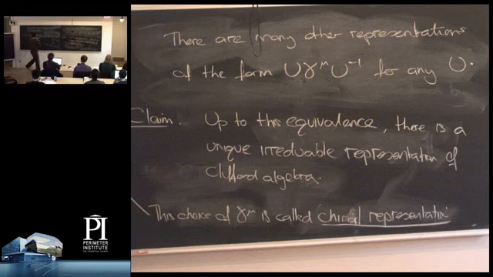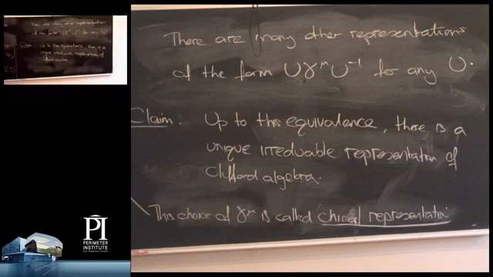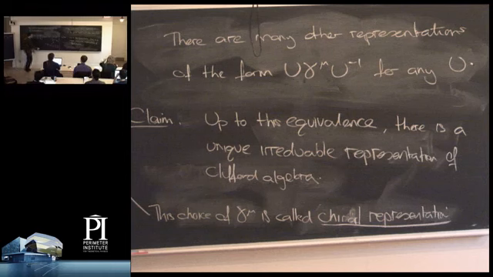And this particular example that we've got here, this particular choice, has a name, and we'll learn why next week: it's called the chiral representation. This choice of gamma mu is called the chiral representation.